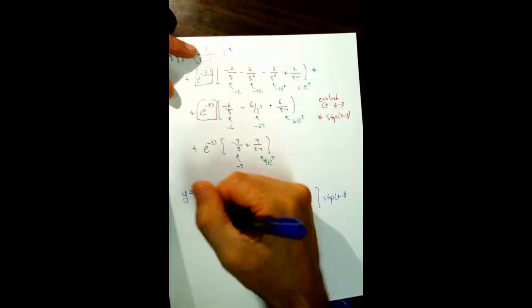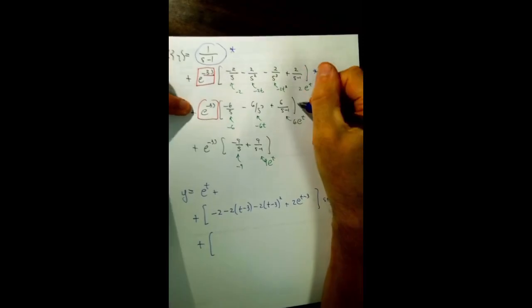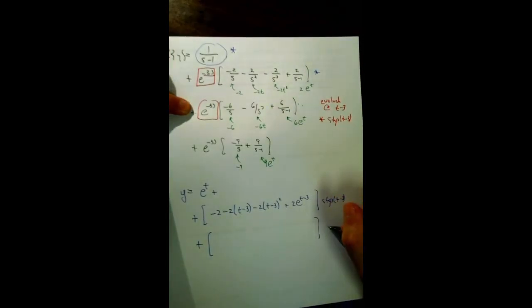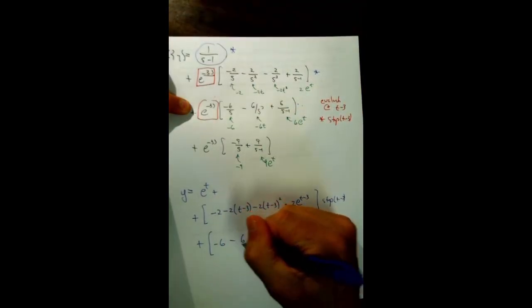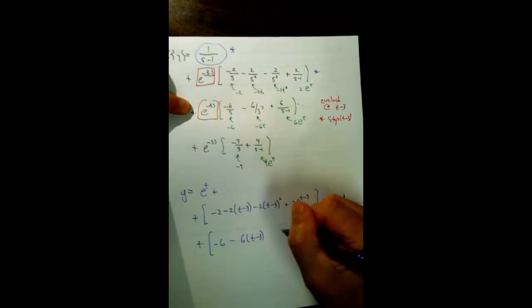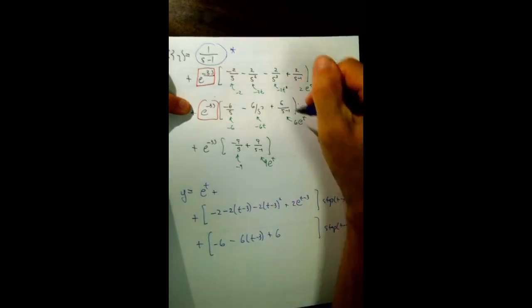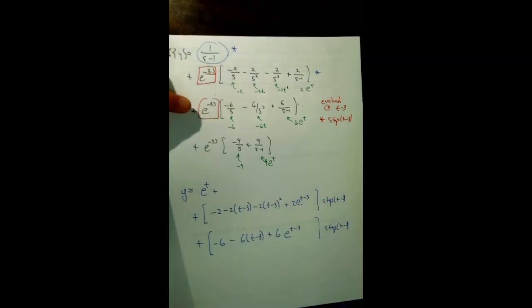Now this term. Be careful, that's a plus. So now this is going to be something times the step function at t minus 3. It's going to be minus 6, but not t minus 3. And this is looking like e to the t, but everywhere I see a t, I replace it with t minus 3.